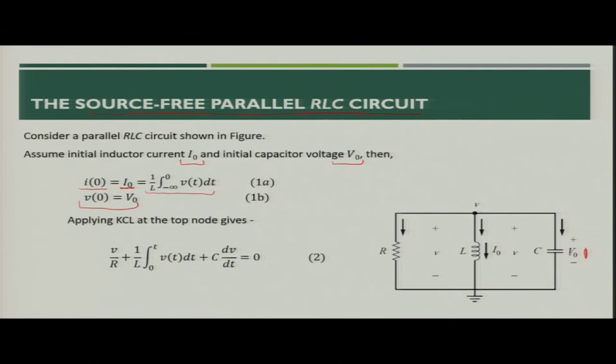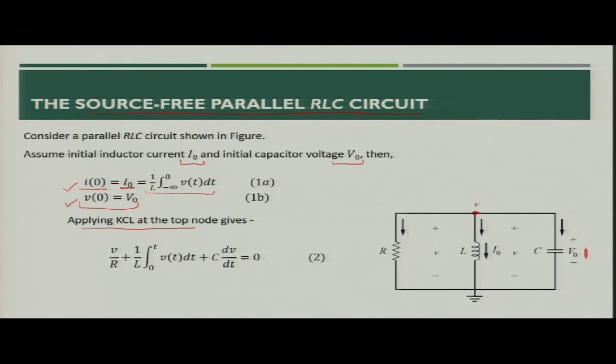Now, if you assume these two initial conditions and the circuit is in parallel, then the best thing is that you can apply Kirchhoff's current law at the node where all the 3 elements are connected. So, you will say that the sum of the resistor, inductor and capacitor currents will be 0 at this node.